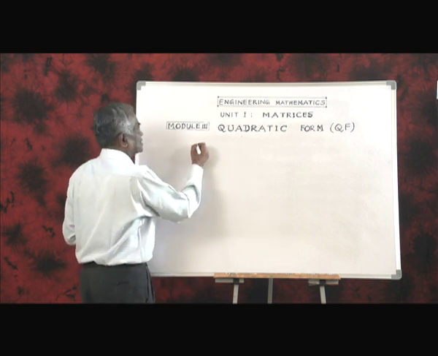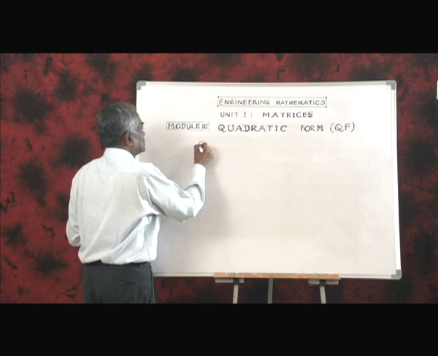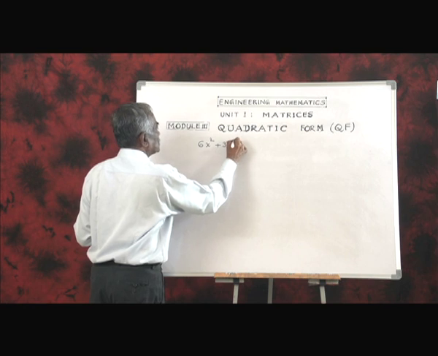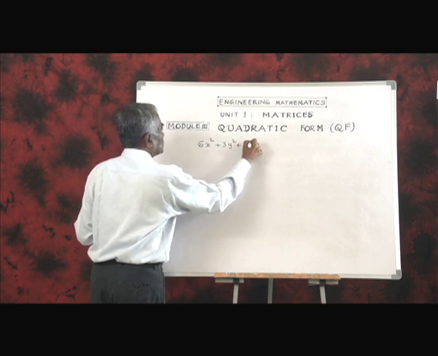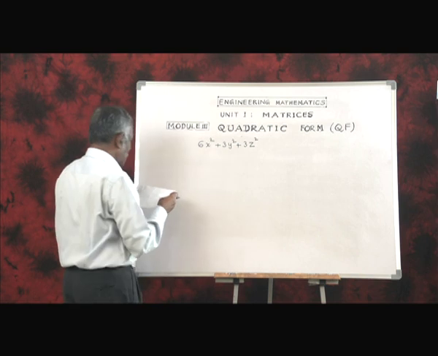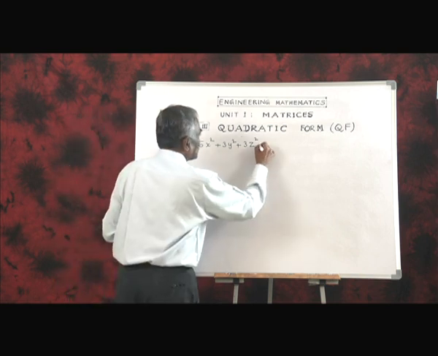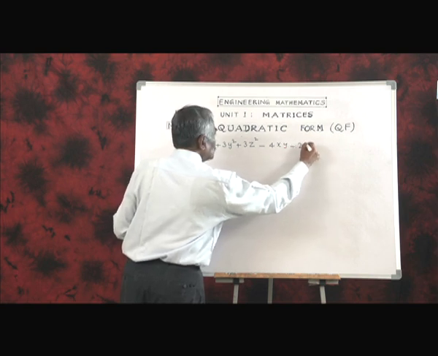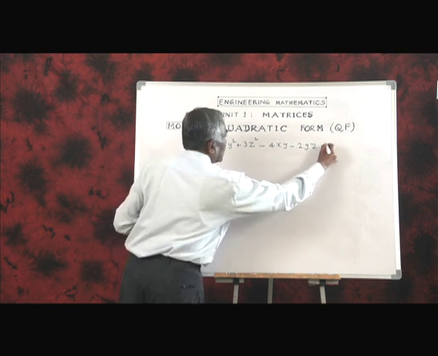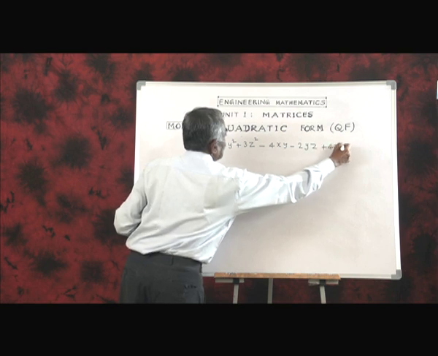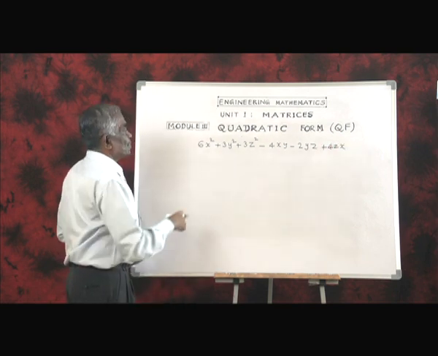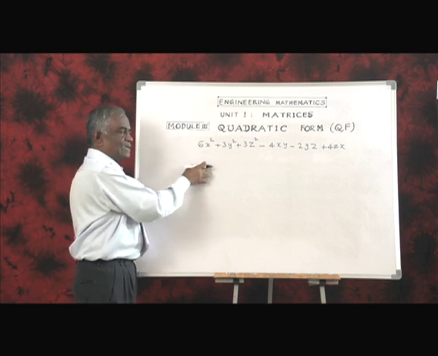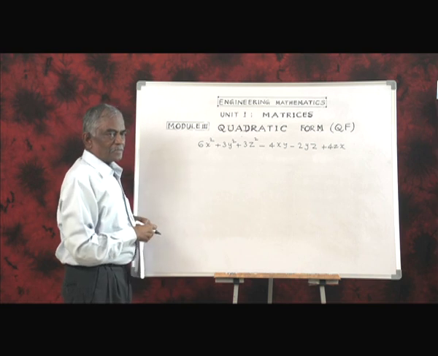So, the given question is, the quadratic form is 6x square plus 3y square plus 3z square minus 4xy minus 2yz plus 4zx. The question is reduce to canonical form, find the nature, then rank, index, signature, etc.